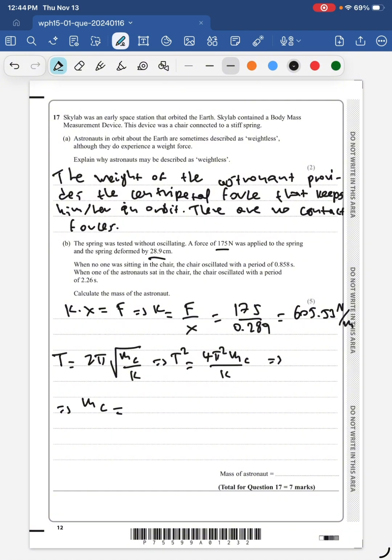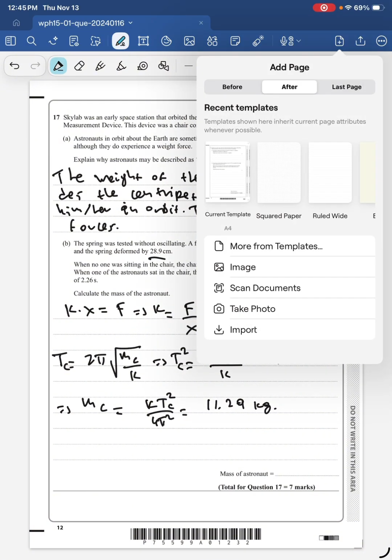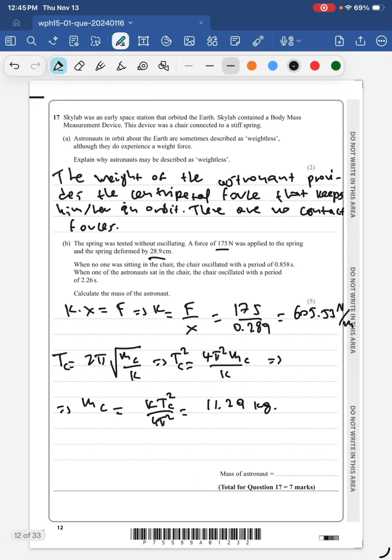So the mass of the chair is K T squared over, let's call this Tc, which is the period of oscillation for the chair, okay? So K Tc squared over 4 pi squared, which gives us 11.29 kilograms.